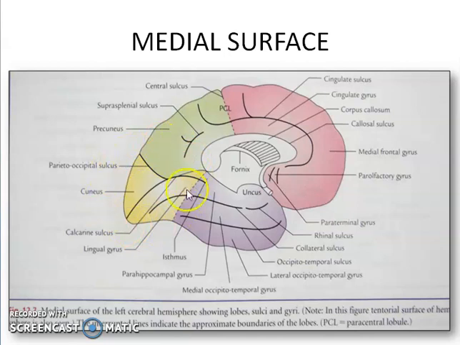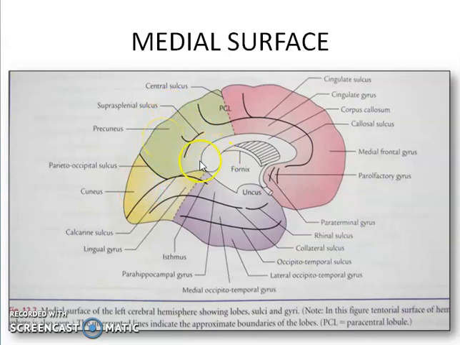In the posterior part of the medial surface of the cerebral hemisphere, we have seen that there are two important sulci, the parieto-occipital sulcus and the calcarine sulcus. The triangular area in between these two is called the cuneus, and the area in front of this cuneus is called the precuneus.